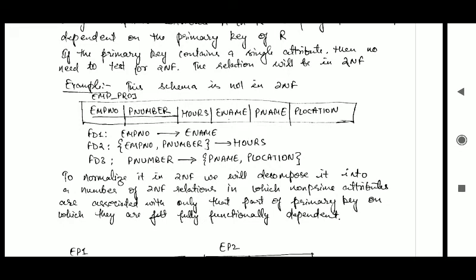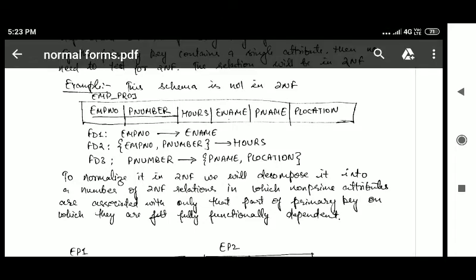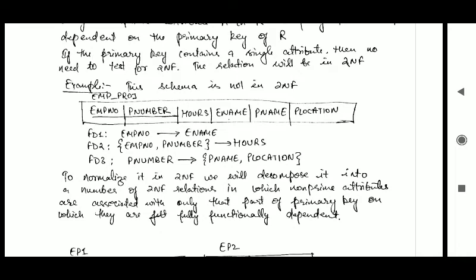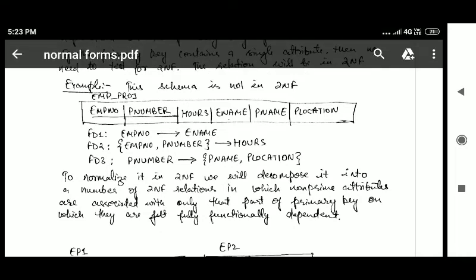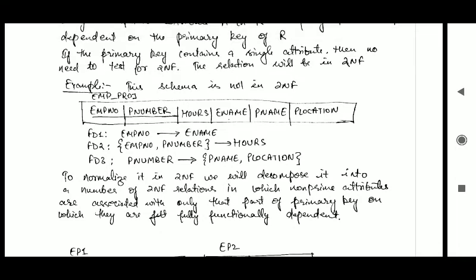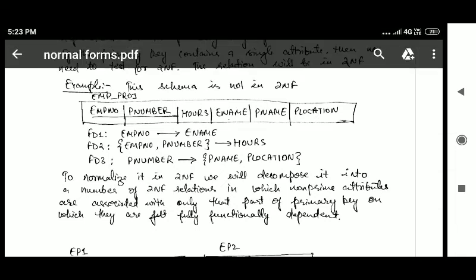After understanding the meaning of these attributes, you can find out that these three functional dependencies hold. Employee number implies employee name. Employee number and project number together imply the number of hours an employee works on a particular project. Project number implies project name and project location.